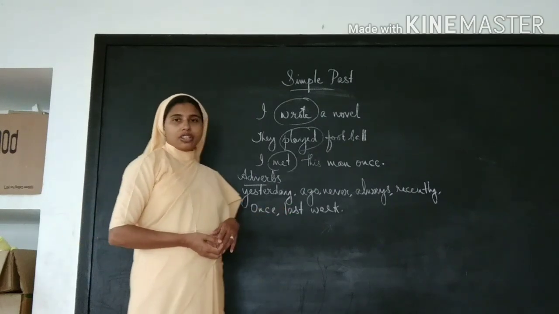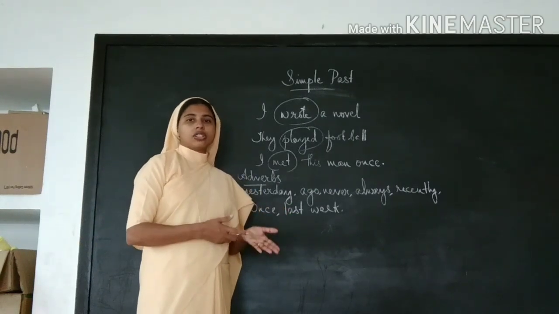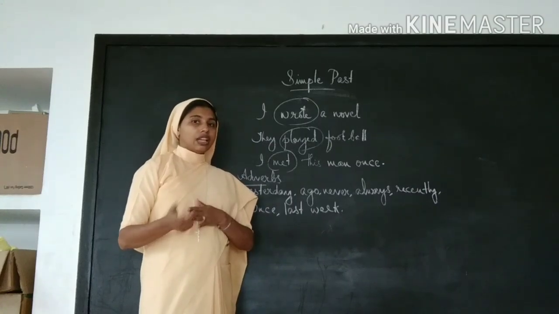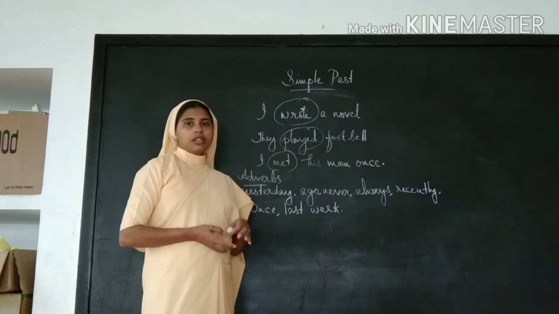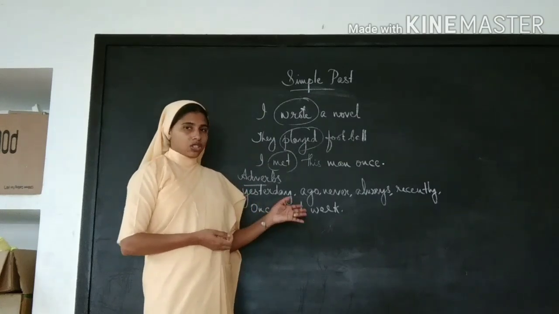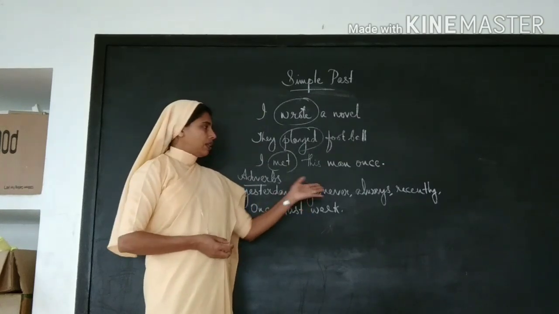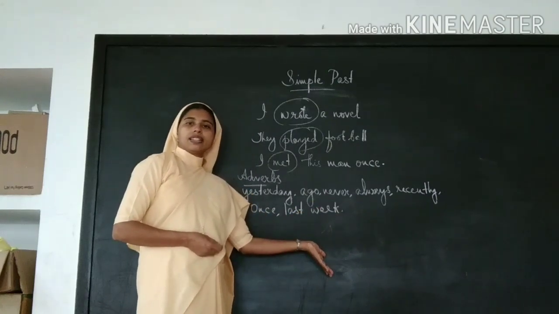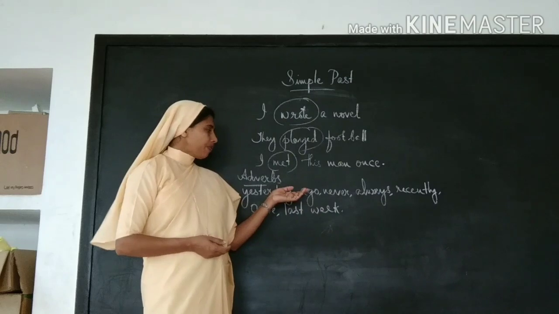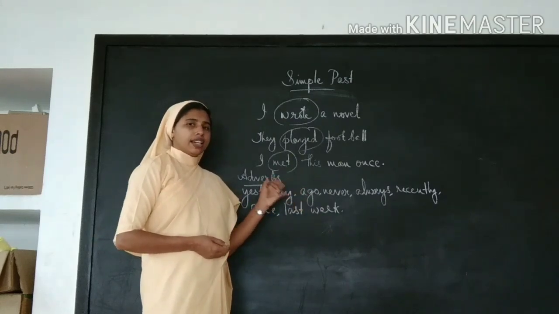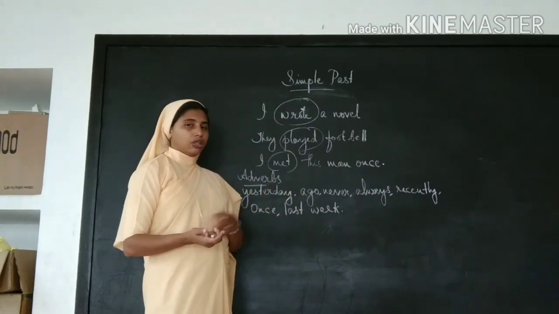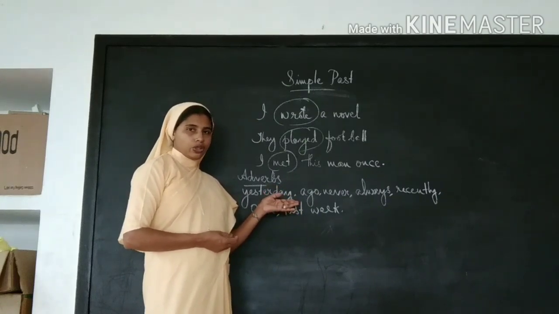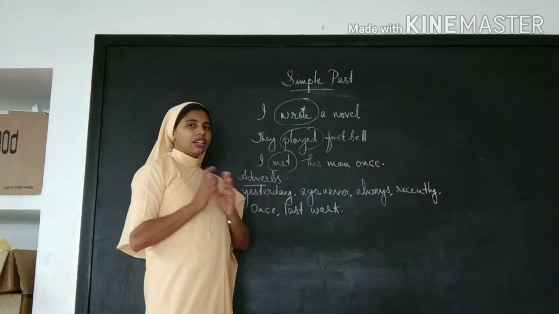And last week, last year, last month, last time, etc. For example, I met him last week. So these adverbs can be used to frame sentences in simple past tense. When you see them, you can identify whether the tense is simple past or not. I think that is clear.